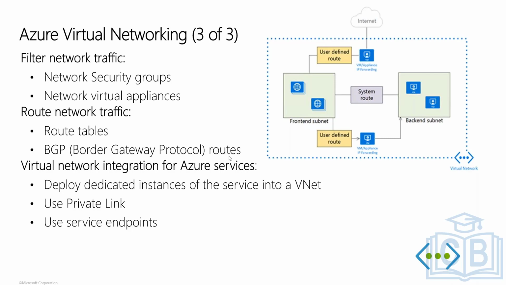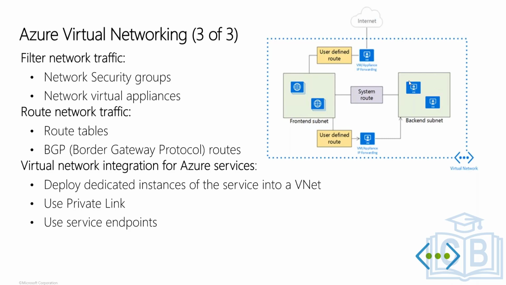That is your BGP routes. Now using these routes, we'll be able to specify that any communication going to the front-end subnet should be stopped. It should first be taken to the virtual appliance. From that virtual appliance firewall, we will verify, and then it will go to the front-end subnet.